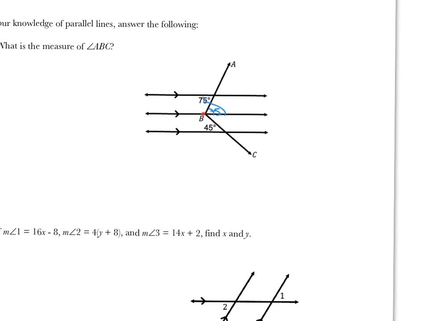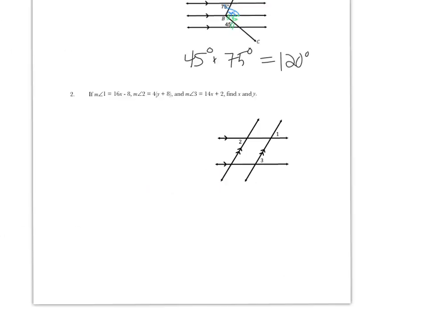And if I know this angle right here is 45 degrees, I know that angle is also 45 degrees because those two are also alternate interior angles. And then angle ABC would be the sum of those two angles, 45 and 75, last time I checked, was 120 degrees.